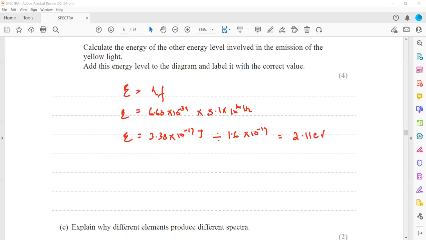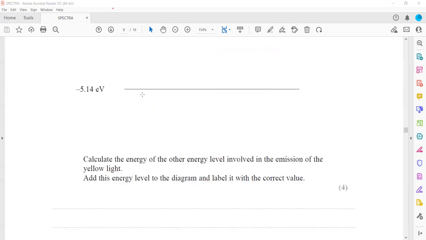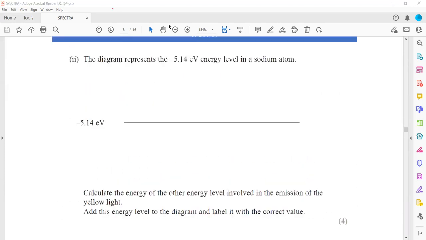So the energy difference is 2.11, and because it's an emission here, 2.11 is the energy difference. So for the other level we draw, 2.11 should be the difference.